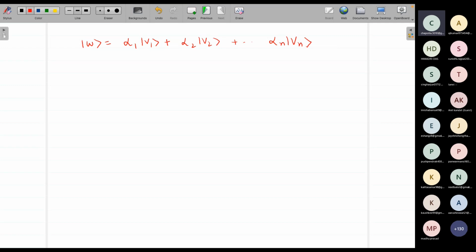So remember, our linear vector space consists of infinitely many vectors. If I take any one of those infinitely many vectors, I can still write it in terms of the vectors which are given in this set.